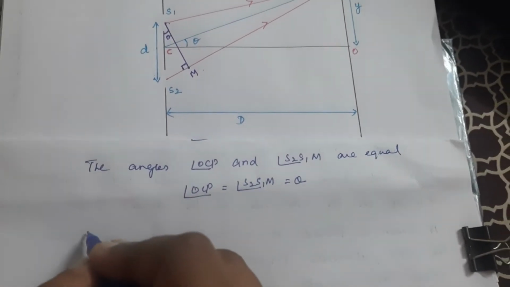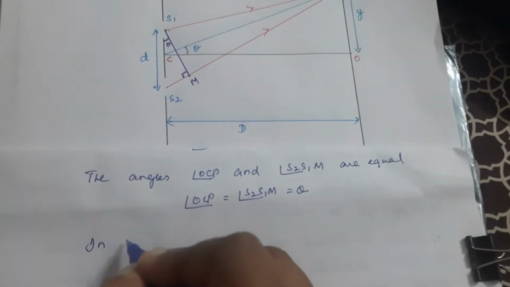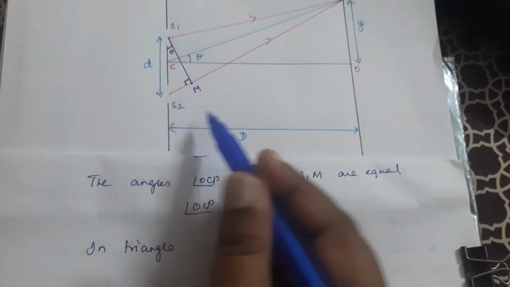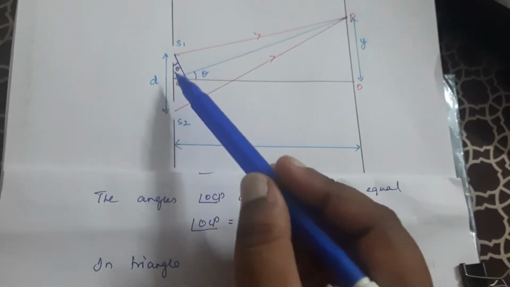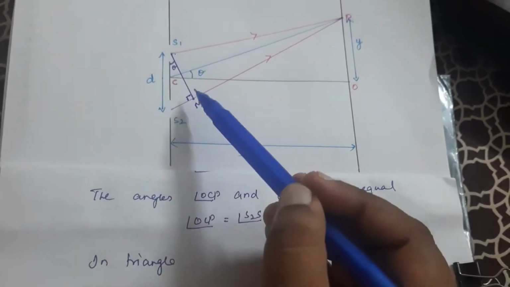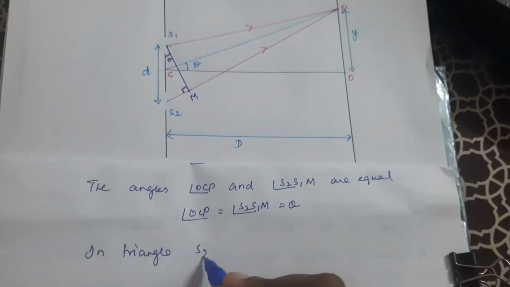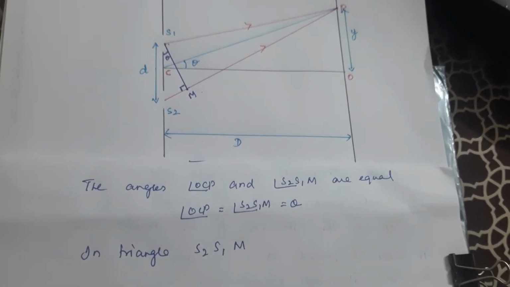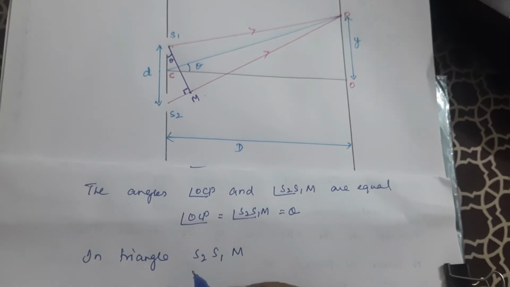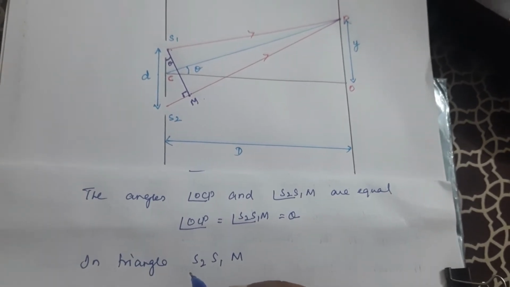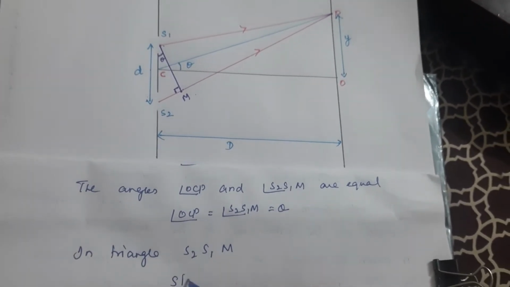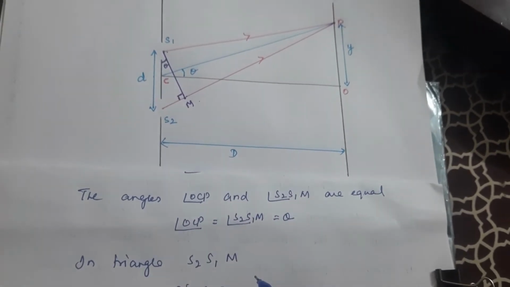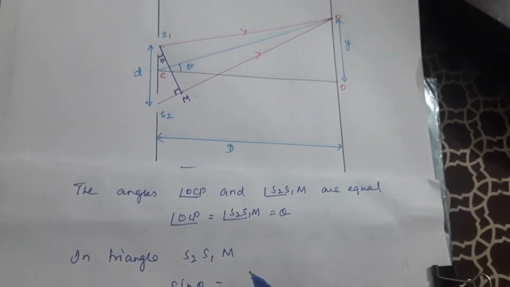Now, in triangle S2S1M, I am going to find sin theta. Sin theta is equal to opposite side by hypotenuse. What is your opposite side?